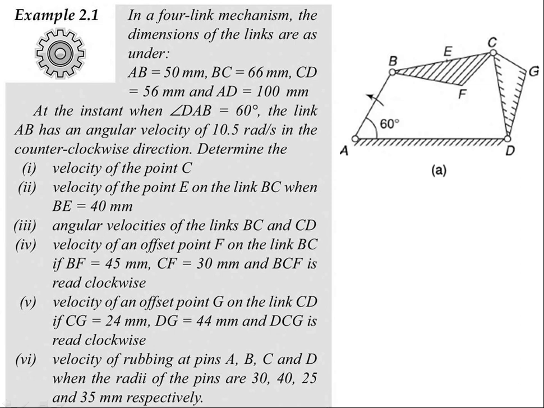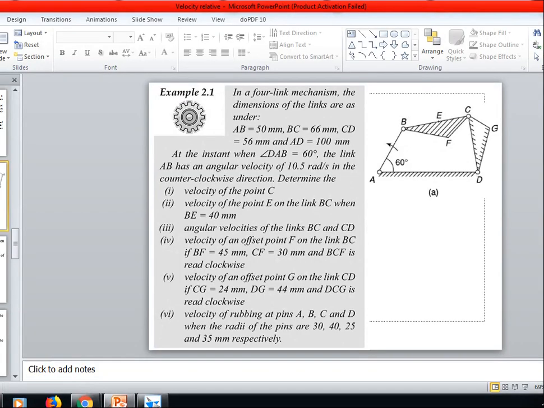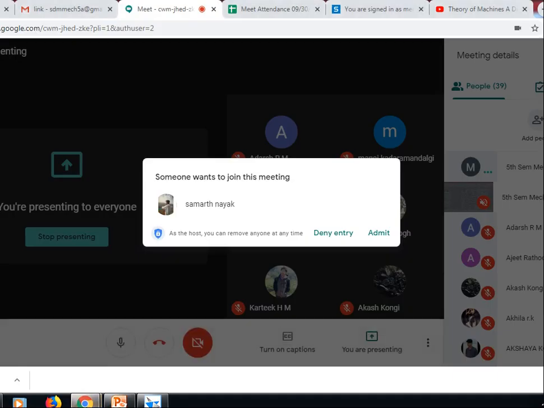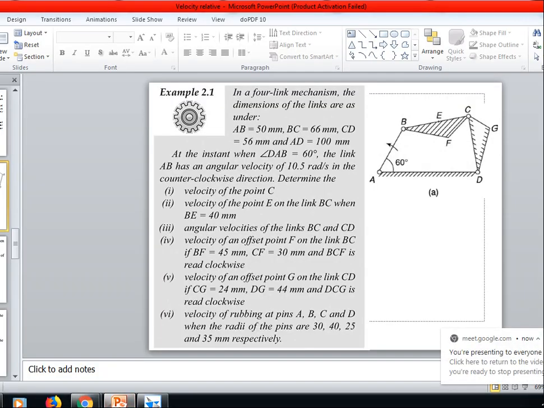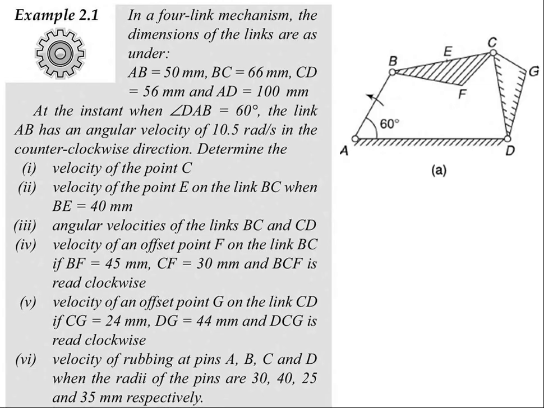So what is the velocity at point B? Anyone calculated? Tell me the value. Sir, 0.525 meter per second. So how did you get this? Sir, omega BA into BA distance. Yes, so the AB length is already known to you. So AB is how much? 50 mm. So take it in meters.